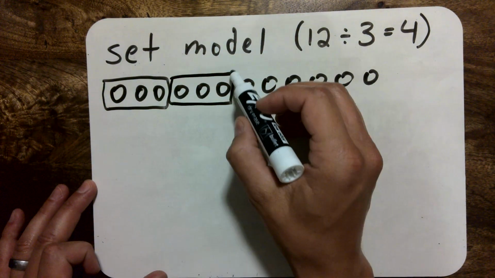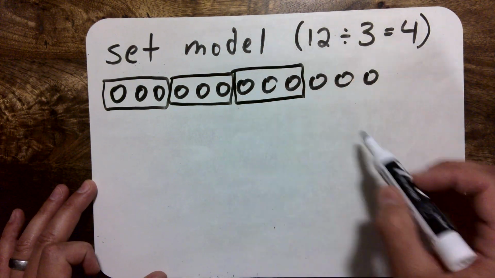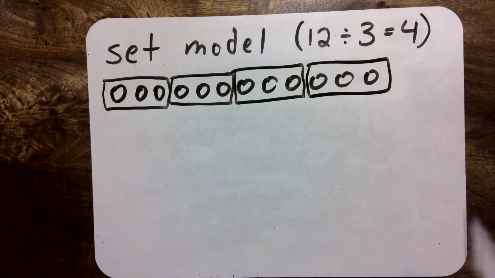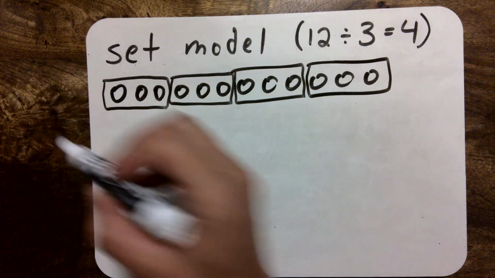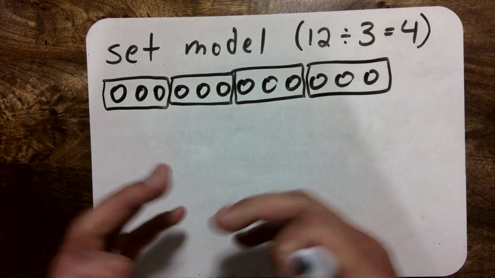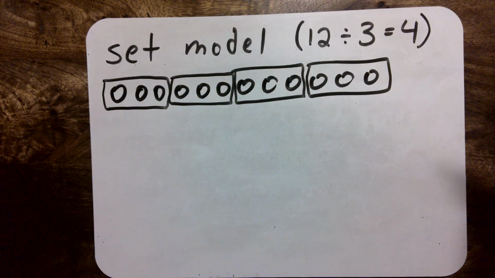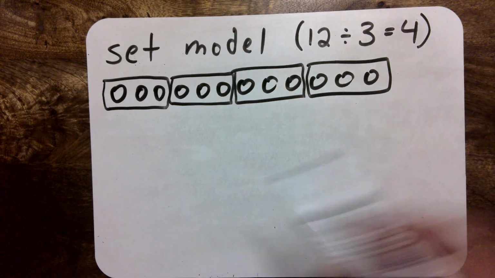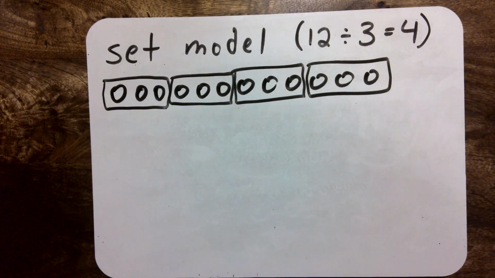It's a second group, a third group, and then a fourth group. Okay, so we can just draw some kind of grouping, drawing either circles or squares around those, just to show that these 3 are grouped together. That's one group that has a size of 3, so you can see that we made 4 groups with that size.